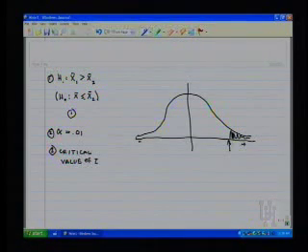Table A, the answer is sort of. Because in Table A, the area beyond z is not expressed as proportions. The area beyond z is expressed as percentages. So that's no problem.